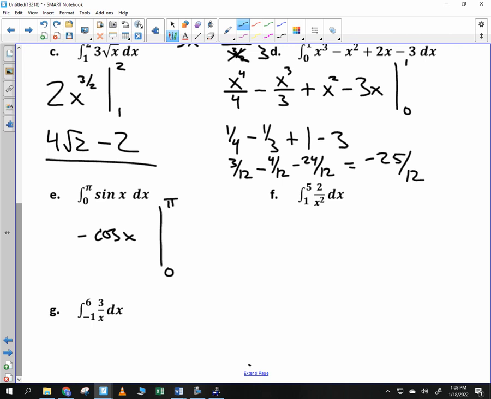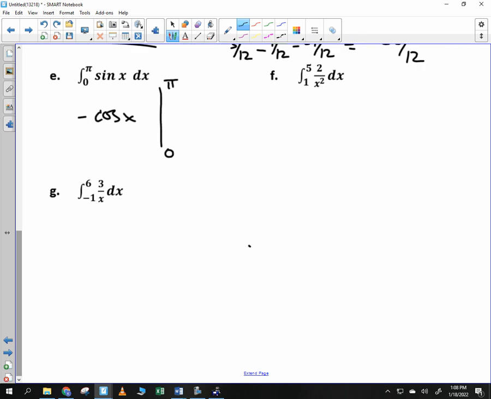So let's try that. The antiderivative of sine is negative cosine. We got to plug in pi. What's the cosine of pi? What is it? 1 or negative 1 or 0 or what? It's negative 1. So we got negative negative 1 because of the negative sign.